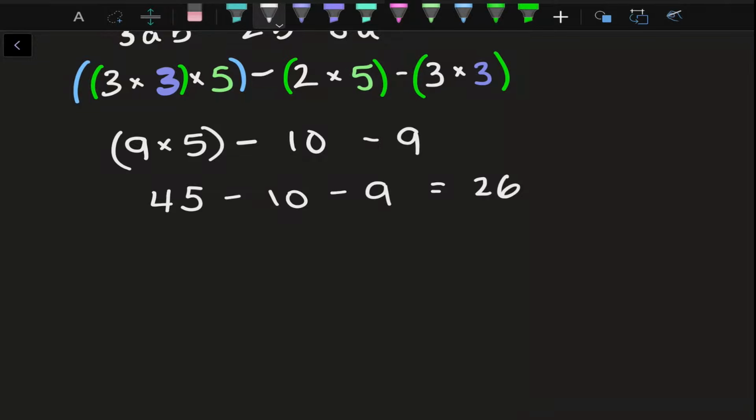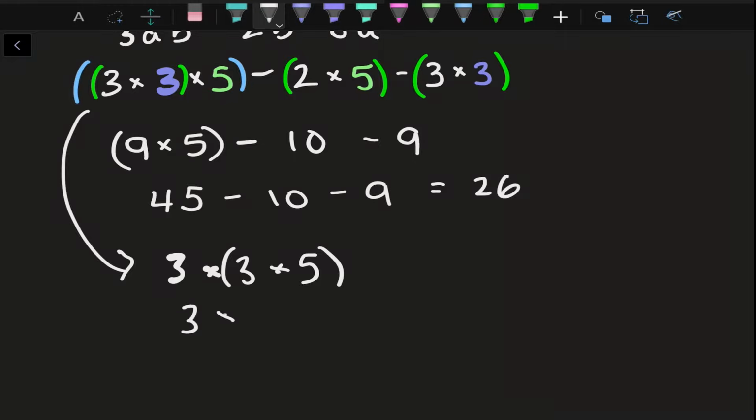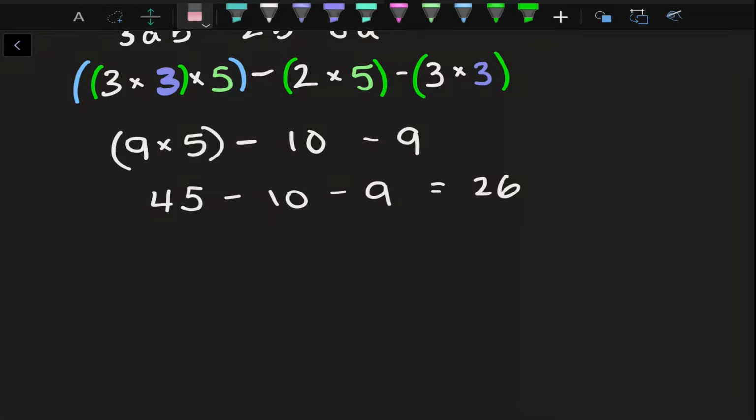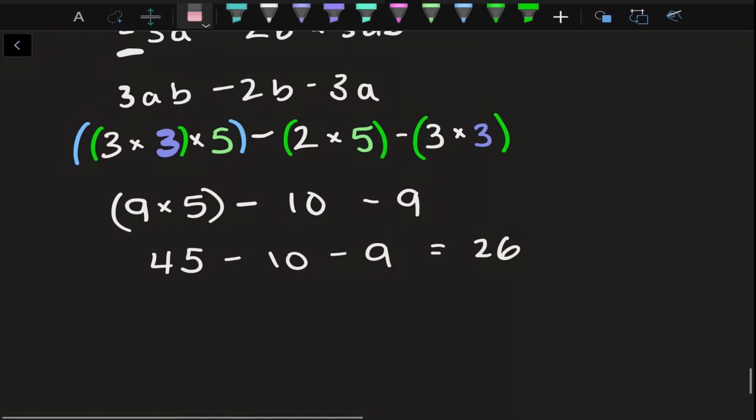Okay, so in going back here, I have 3 times 5. I could also do this one first, because that'd be 3 times 15, which is also equal to 45. So it doesn't quite matter. There's again proof that it doesn't quite matter what order you do that multiplication in. Okay, so awesome. If you got 26, that's great.